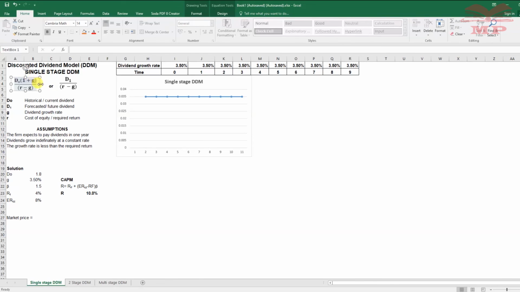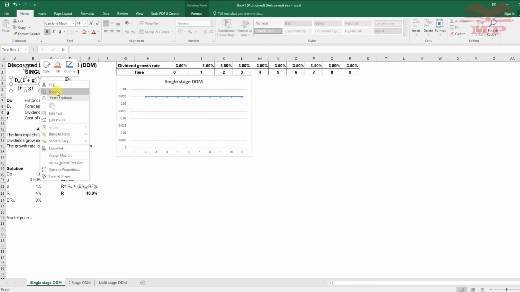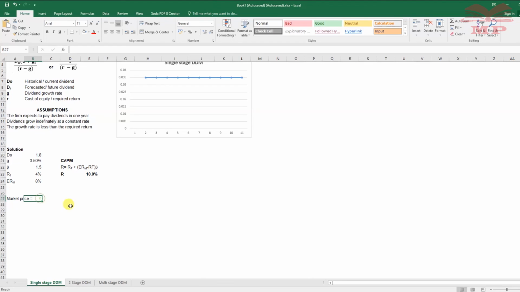So I just copy, come over here, and just paste it down over here, Control V, like that. So it's equals to that. That's what you're saying is our market price, guys. So it's slot in the values over here.